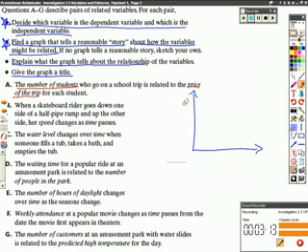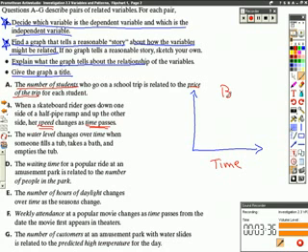The next scenario, B: when a skateboard rider goes down one side of a half-pipe ramp and up the other side, her speed changes as time passes. This one should be easy.